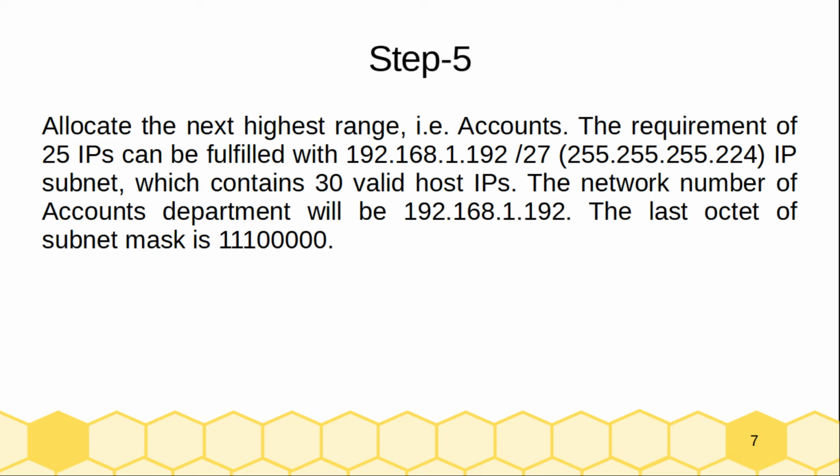The network address of the account department will be 192.168.1.192. In the last octet of the subnet mask, the first 3 bits from left to right will be 1 and the remaining 5 will be 0.